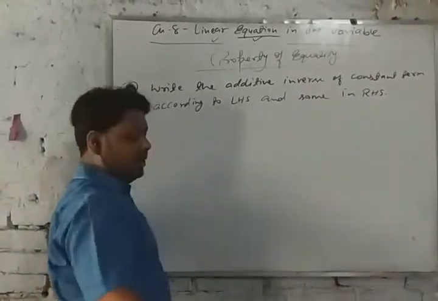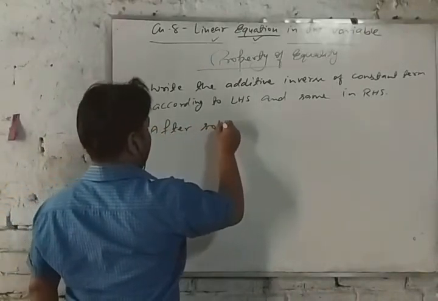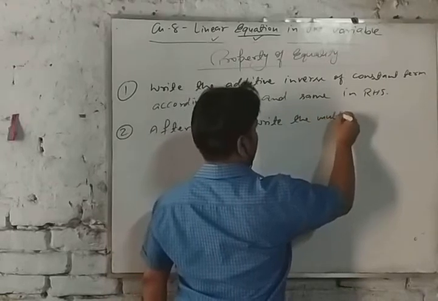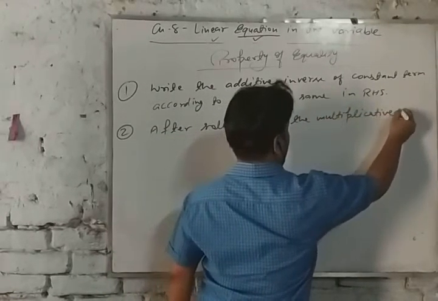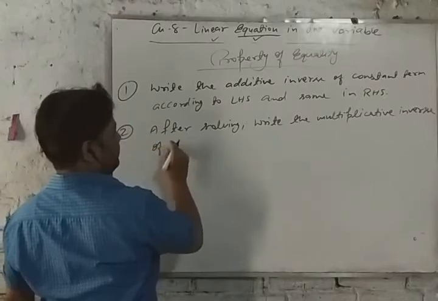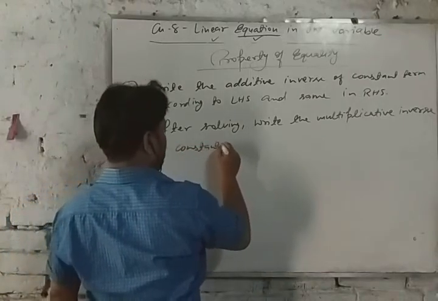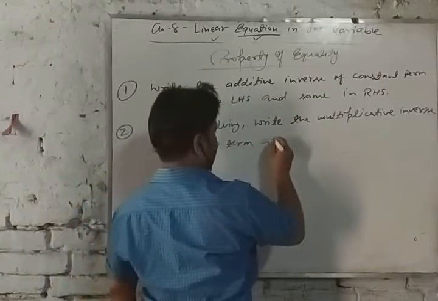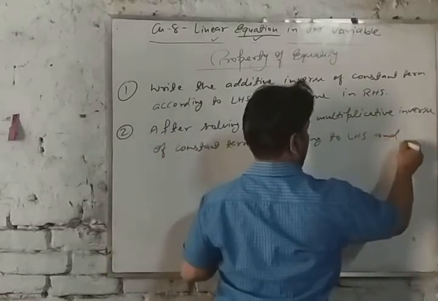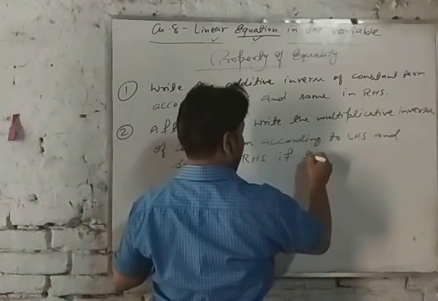Now after that, after solving, write the multiplicative inverse of the constant term, only for the constant term according to LHS, and the same in RHS if there is a need.